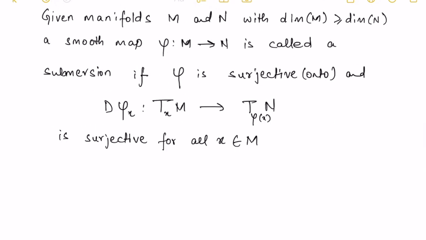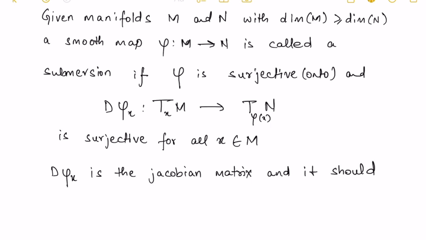This is what we want for a submersion. It's similar to the immersion concept, but here what we are doing is we're going from a higher dimension manifold to a lower dimension manifold, right? So for this to be a surjective mapping, we want d psi x, which is the Jacobian matrix, by the way, just to recall, to be of maximal rank.